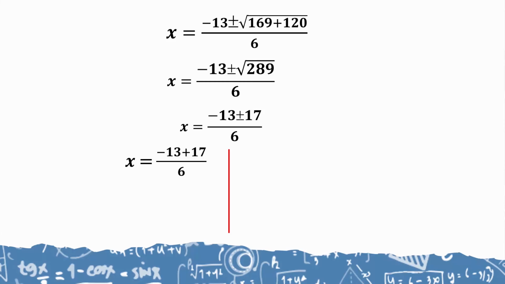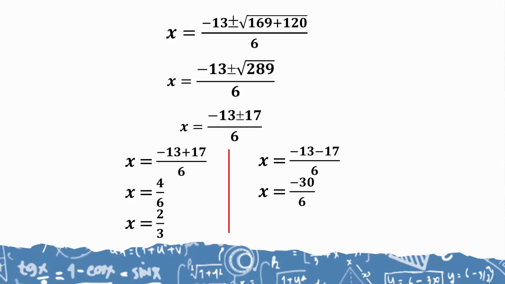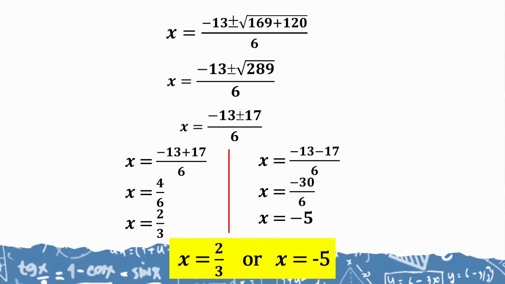Separating the equation into two to determine the values of x, we have x is equal to negative 13 plus 17 all over 6, and x equals negative 13 minus 17 all over 6. Solving each resulting equation, we have 4 over 6, which is equal to 2/3. On the other hand, we have negative 30 over 6, which is negative 5. So the roots are x equals 2/3 or x equals negative 5.